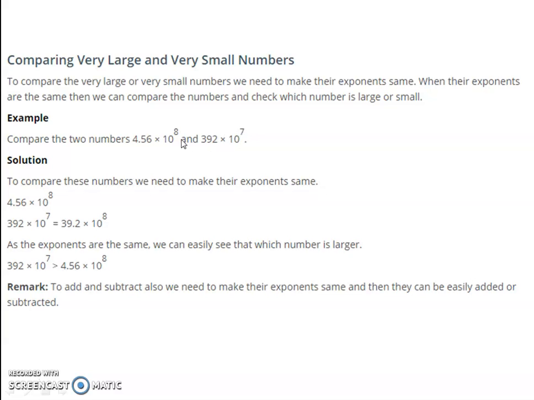Now you can see the exponents associated with them. Here 4.56 is associated with 10 raised to 8 and 392 is associated with 10 raised to 7. So you cannot directly compare them. You have to convert 10 raised to 7 to 10 raised to 8.